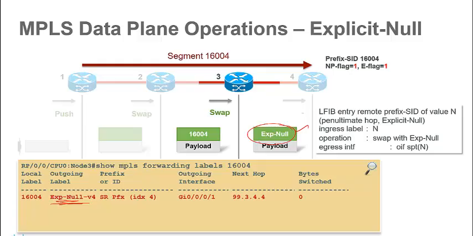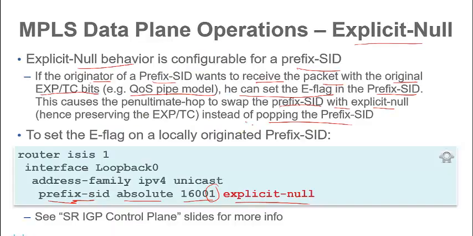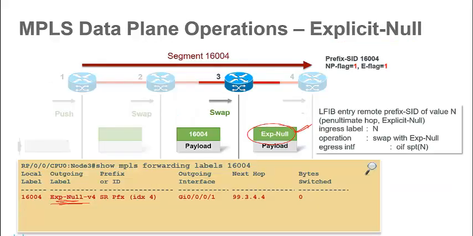Why you need that? As I said, you need this header for the QoS. QoS is marked, and if you pop the label, QoS will disappear. I want the QoS. Even though it is explicit null, even though it is a null label, why am I expecting that header there?